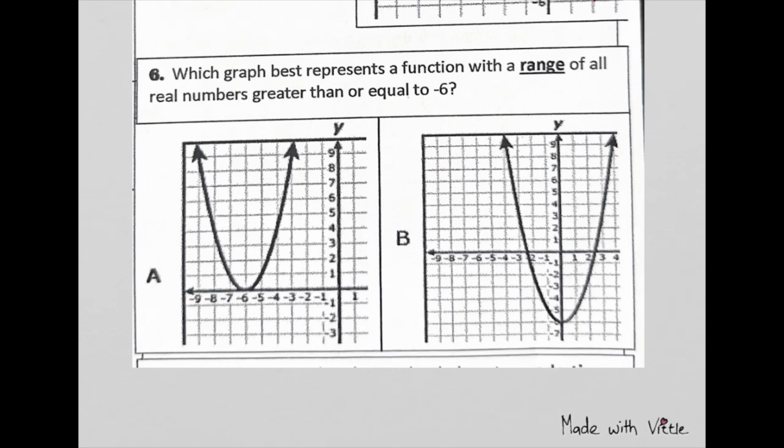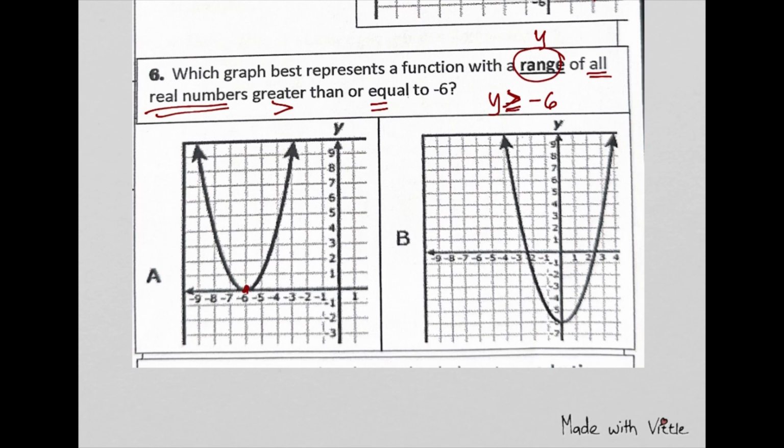Number 6, which graph best represents a function with a range of all real numbers greater than or equal to negative 6? They want the values for range, which is the y values. So we're looking at the y-axis. There is a condition that says all real numbers greater than or equal to negative 6. So y is greater than or equal to negative 6. Let's look at the y.